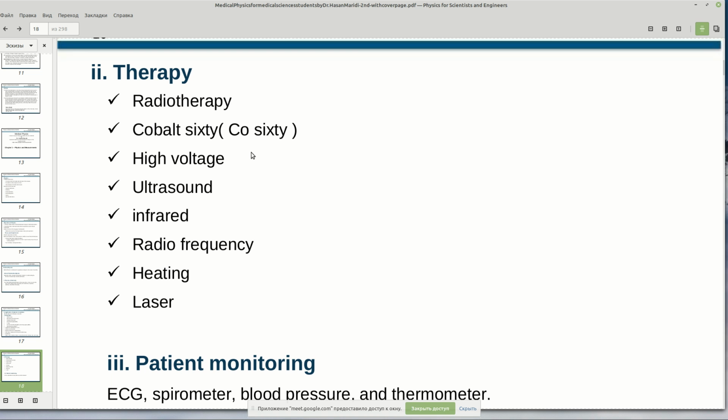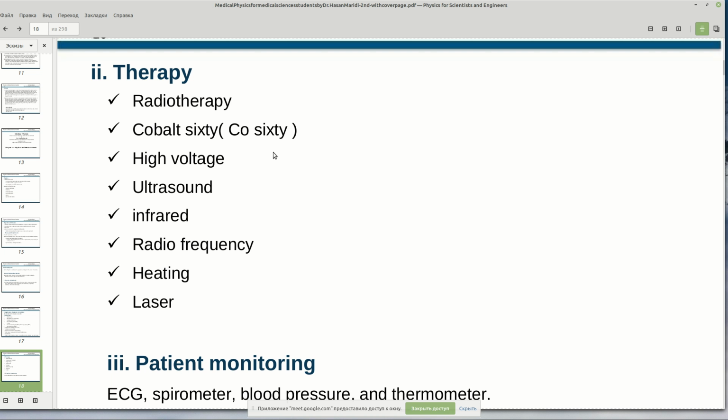High voltage therapy, ultrasound, yes, we have ultrasound therapy, infrared therapy to warm something, if we say it in a more non-physical way.